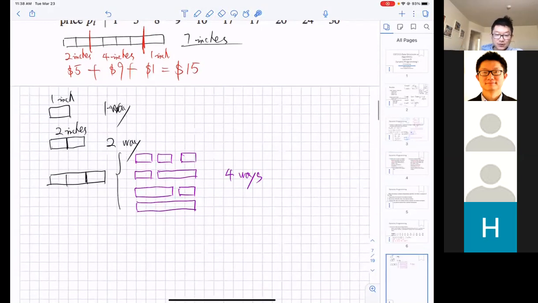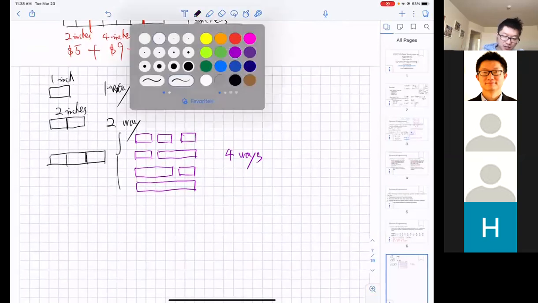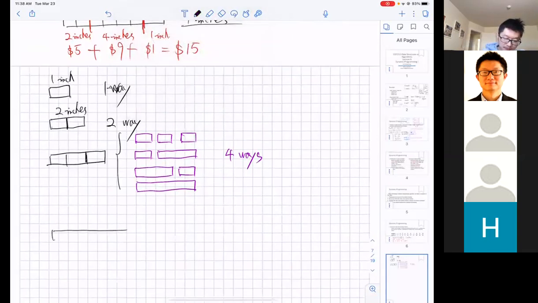Okay, so next, there are 4 ways to cut a rod of length 3, but say here we're given a rod of length 4 inches. How many ways are there for us to cut it? Can you guess how many ways?